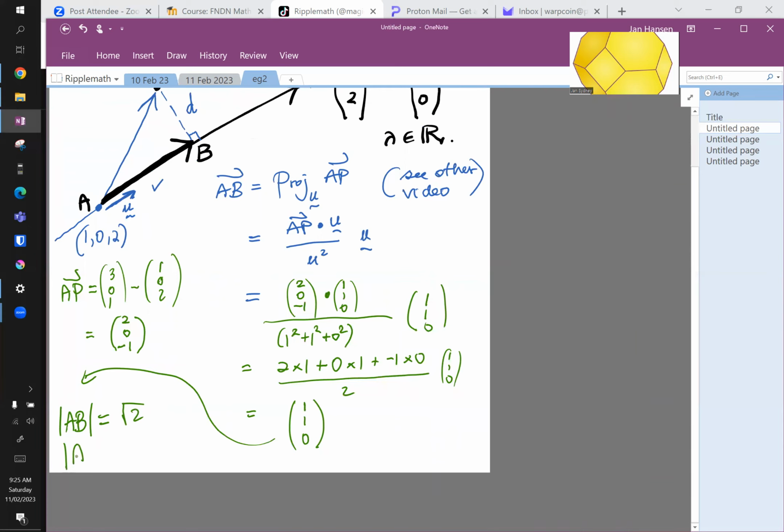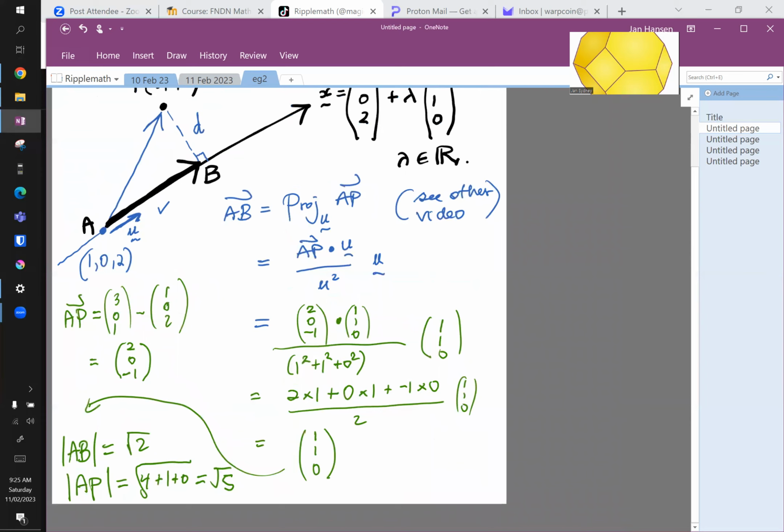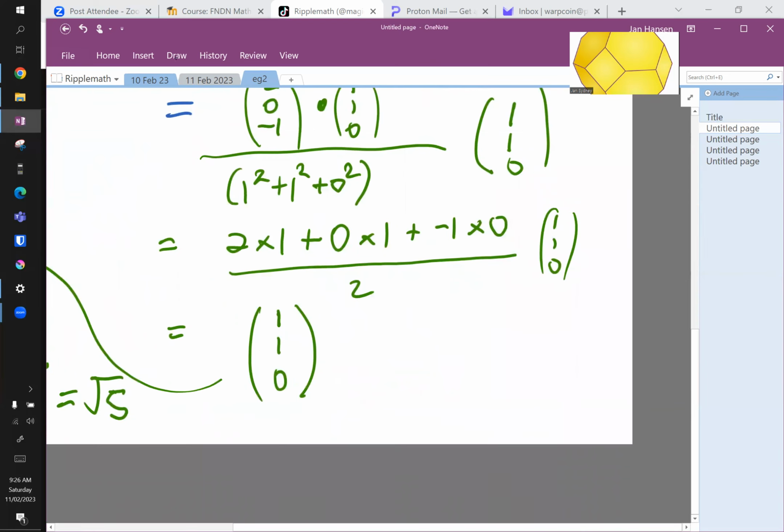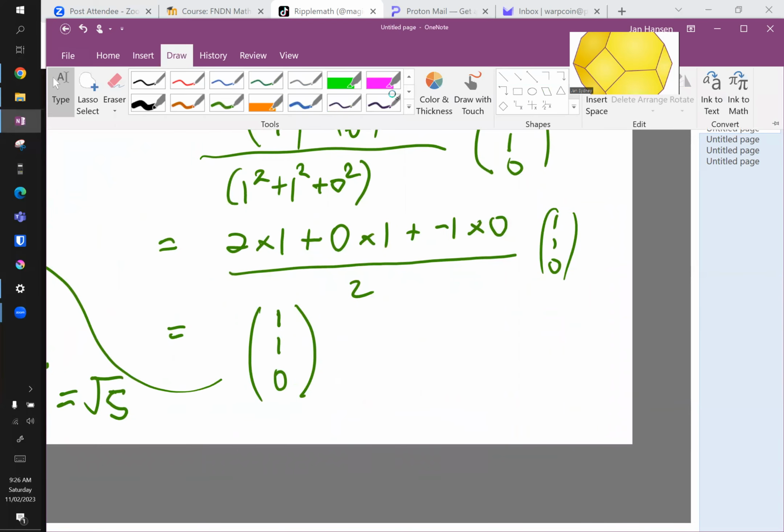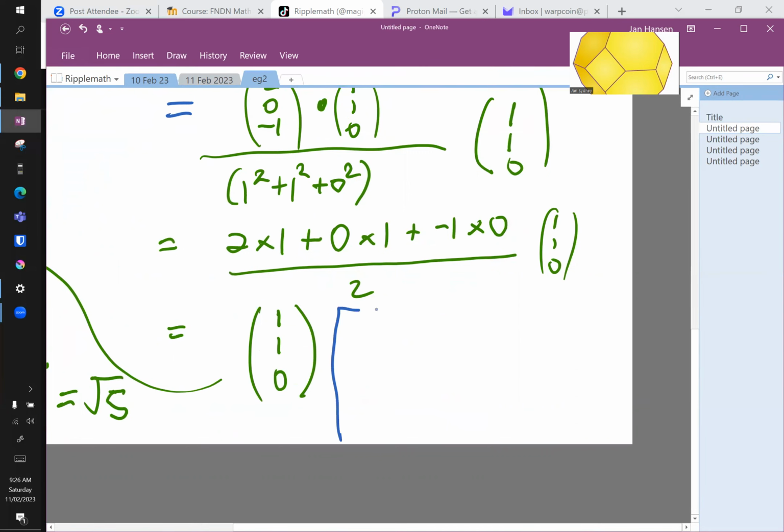The magnitude of AP is equal to the square root of 4 plus 1 plus 0. So that's root 5. So we can actually do our calculation right now if we wanted to. Let's do it in a different color down there. Be daring. Let's put it into the little box.